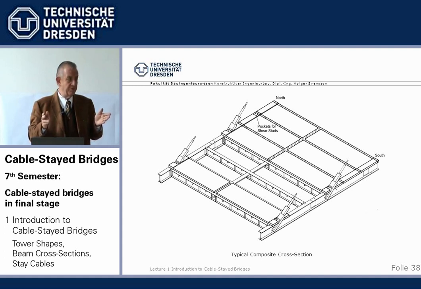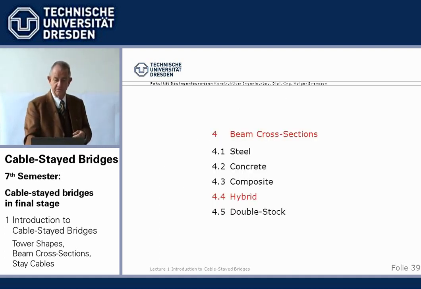So we do not use central cable planes with composite cross-sections, because there we would have tension in the concrete slab. We only support them at the outside, where the concrete slab acts in compression as top flange of the cross girders. That's basically true for all composite cross-sections.